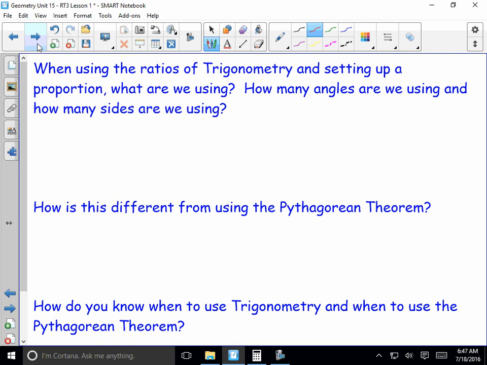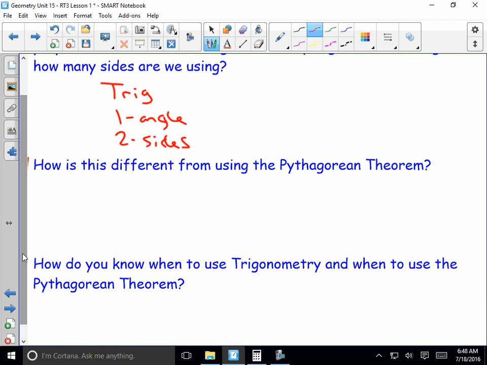So when we're setting up a trig proportion, we're using one angle and 2 sides, and the ratio is based on which sides we use. How is this different than the Pythagorean theorem? The Pythagorean theorem uses 3 sides and no angles.